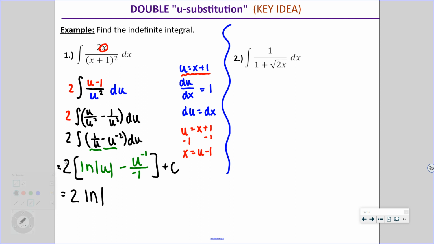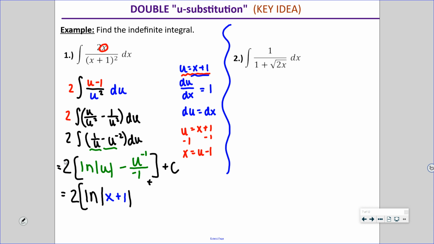Then I'm going to back substitute in what I let u be, which was x plus 1. I'm going to keep this in parentheses. Okay, this right here, where do I want to go? I would change that.